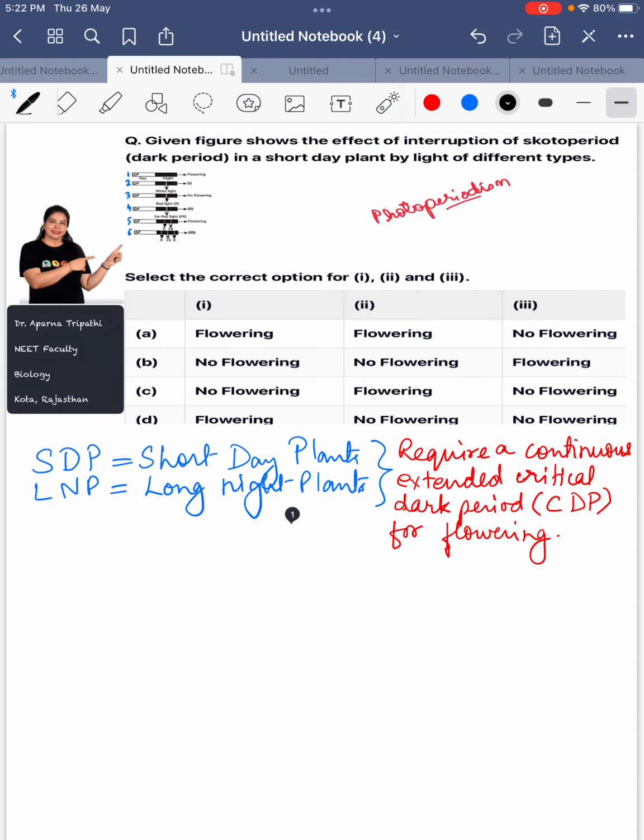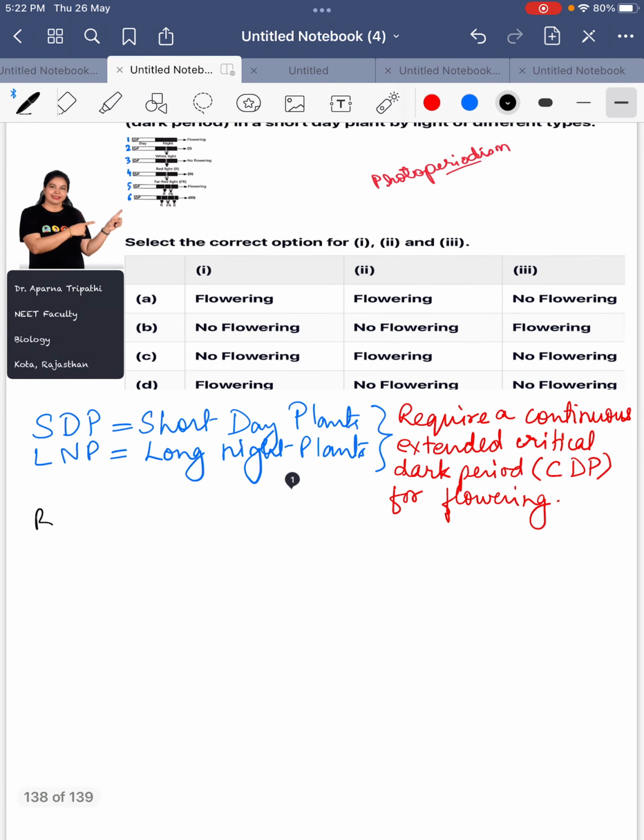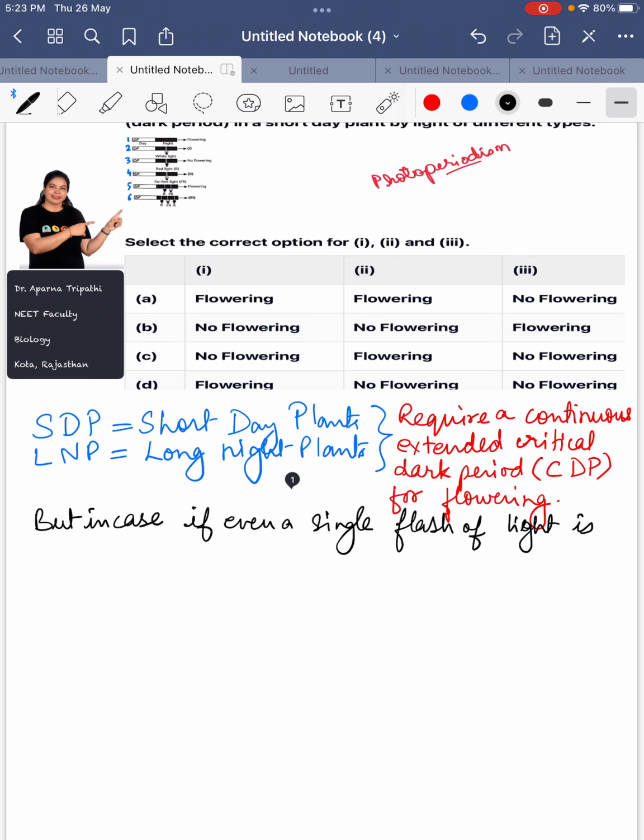But some exceptions are there. Even if a single flash of light is exposed before the CDP, meaning before the critical dark period, so that the dark period, the scotoperiod, is interrupted, then what happens?